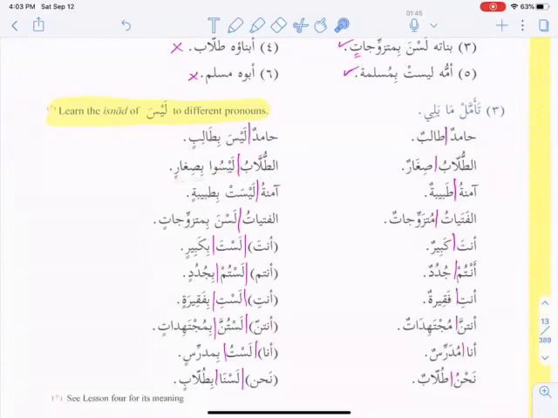The students are not young. They are not small. Aminatu tabibatun. Amina is a doctor. Aminatu laysat bi tabibatin. Just translate now. Amina is not a doctor.